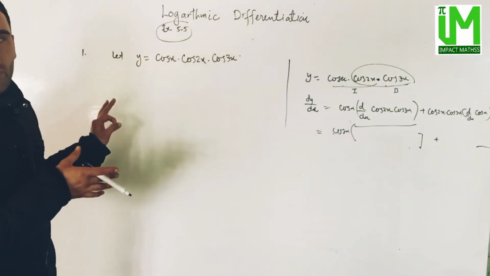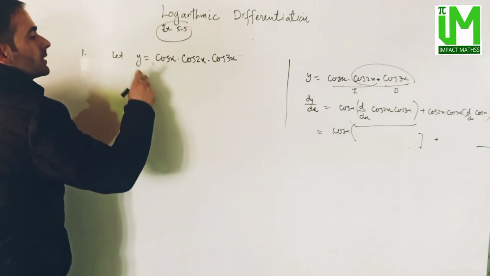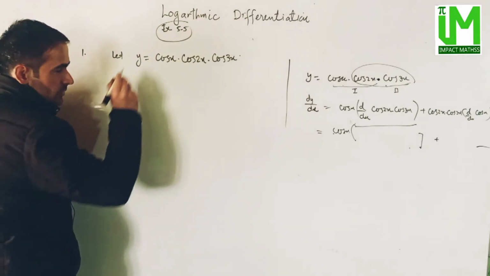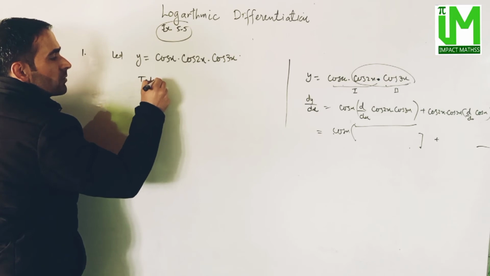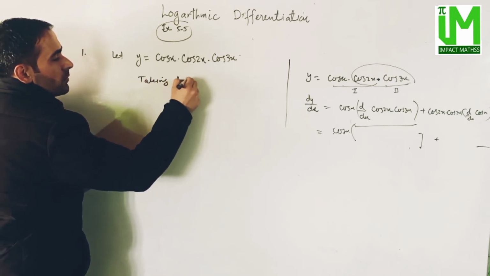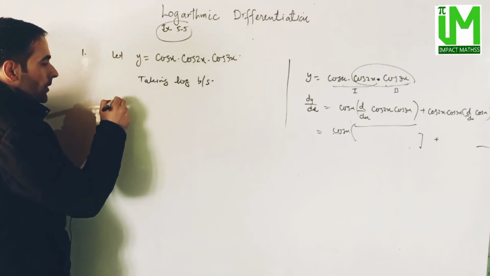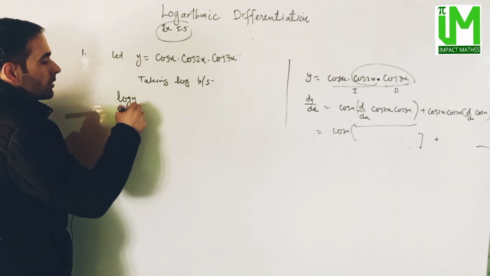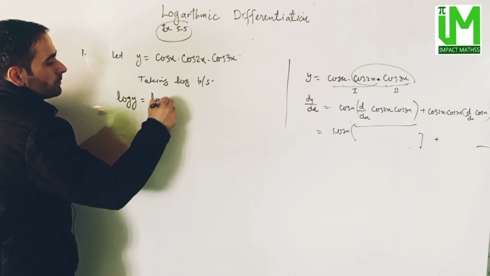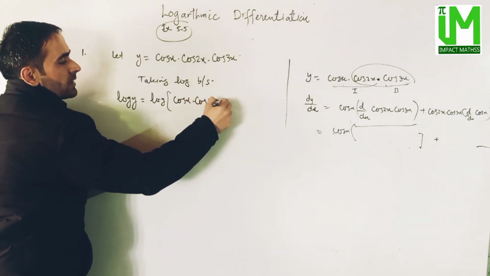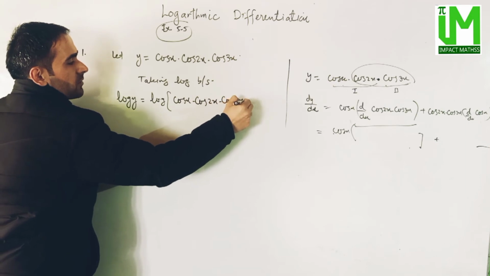So if we write y is equal to cos of x into cos of 2x into cos of 3x, taking log both sides, what will we have? Log of y is equal to log of cos of x into cos of 2x into cos of 3x.